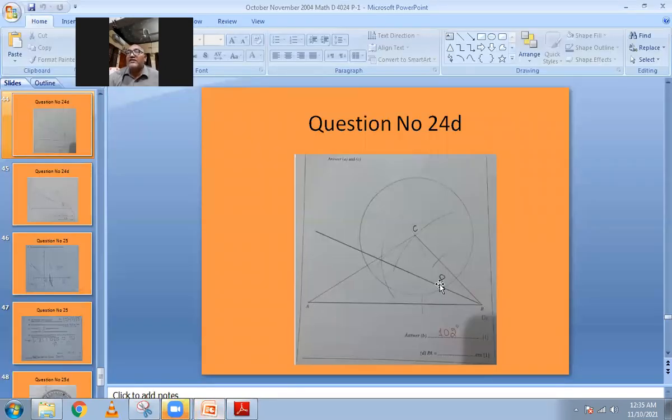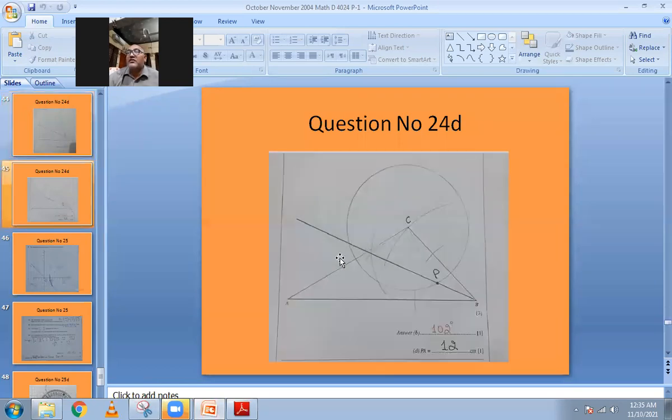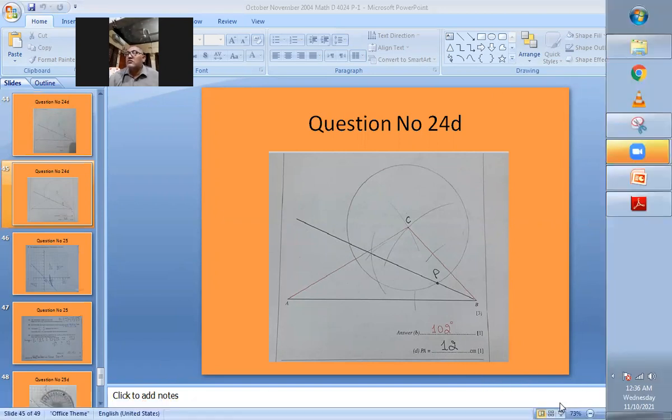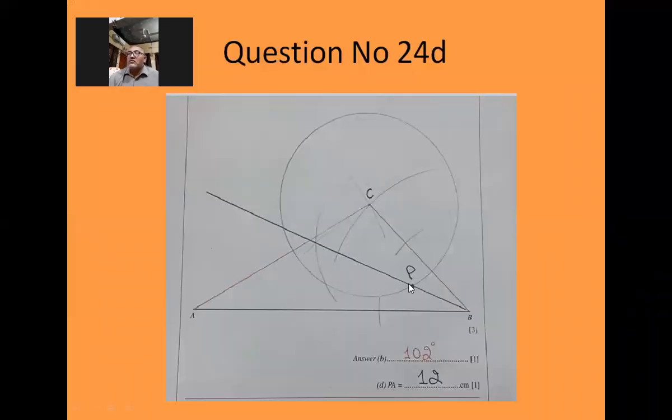So you can put a scale here and you can measure that. So that's 12 centimeters. Very simple and straightforward. This is 12 centimeters.